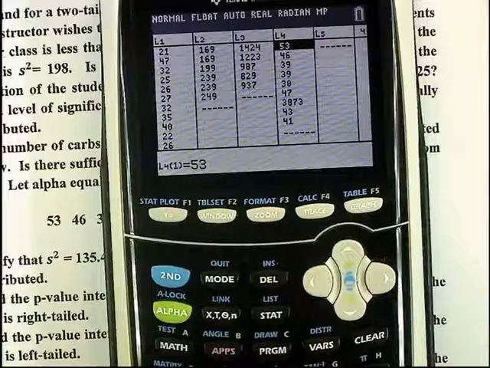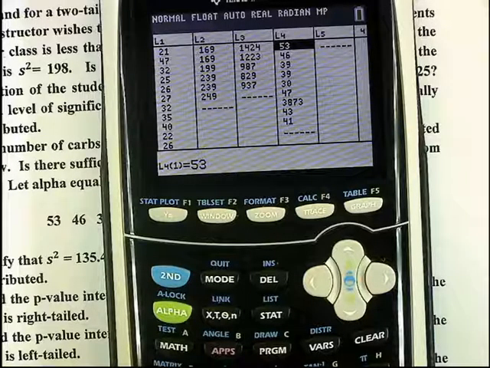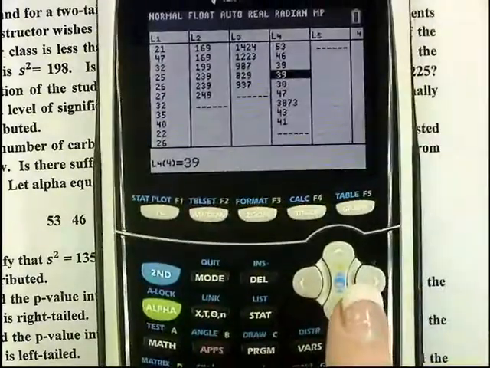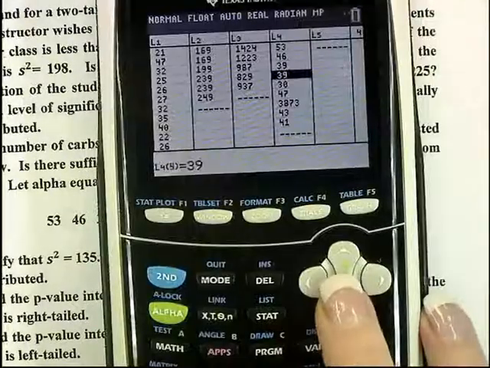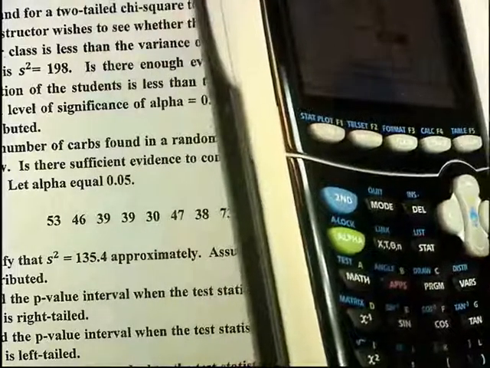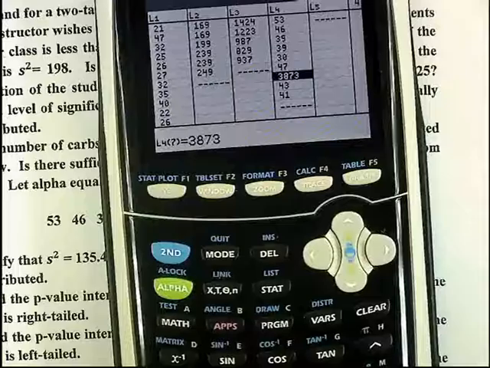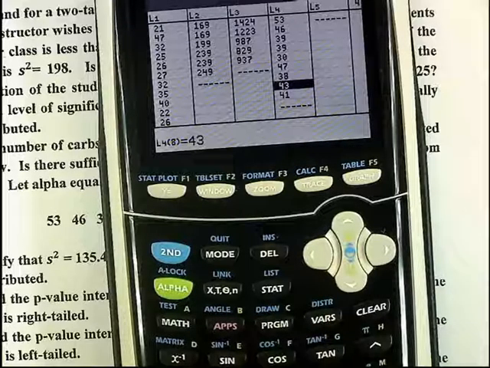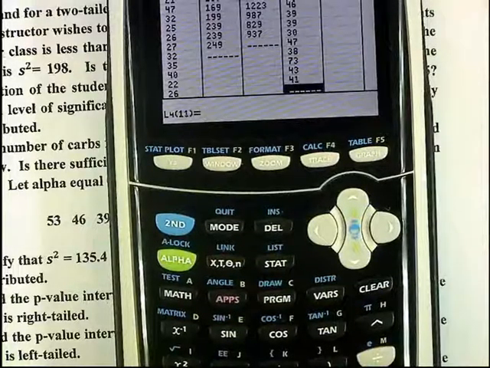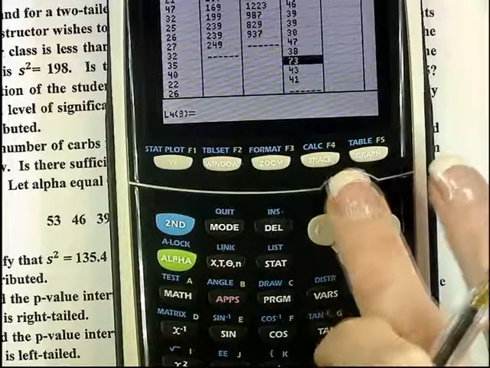And just go back and check: 53, 46, 39, 39, 30, 47, and I made a mistake here. That would be 38, 73, 43, and 41, 10 values.